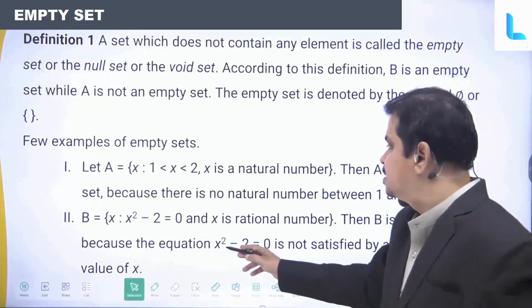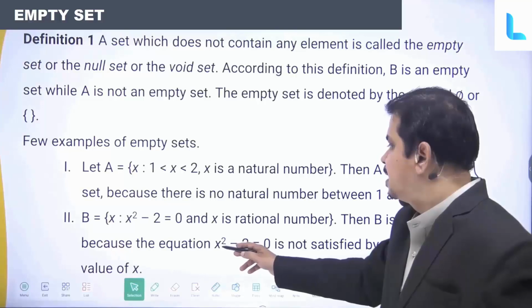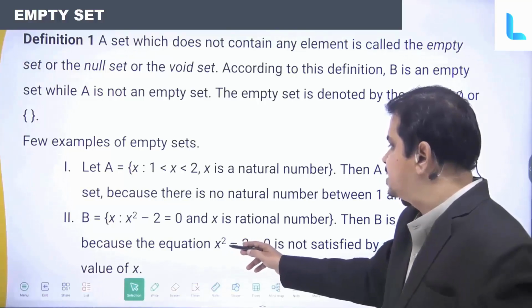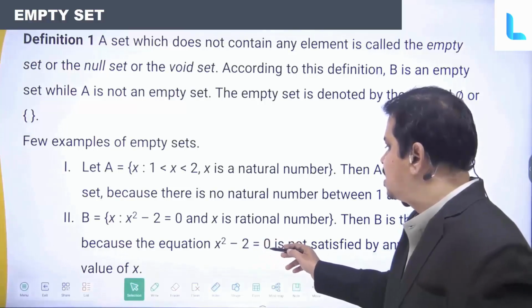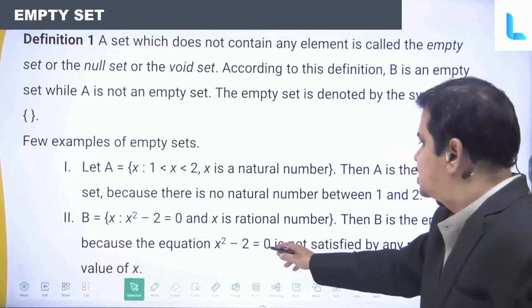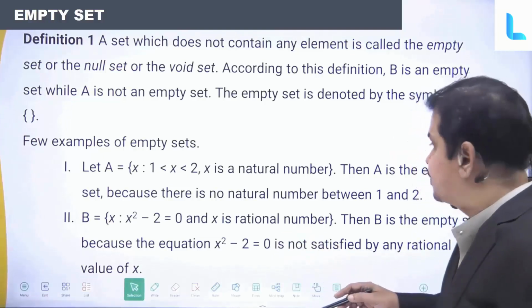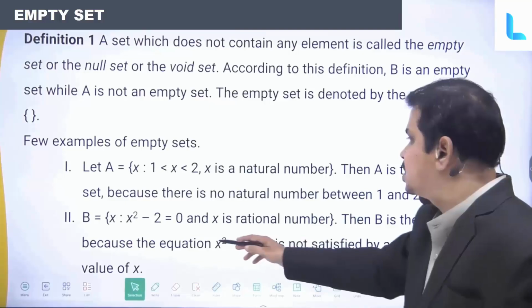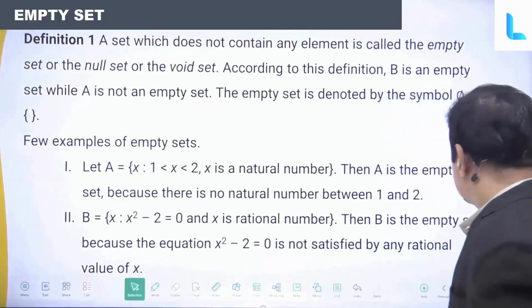If you give any rational values as the values of x, you can check that x square minus 2 will not be equal to 0. Therefore B is also an empty set.